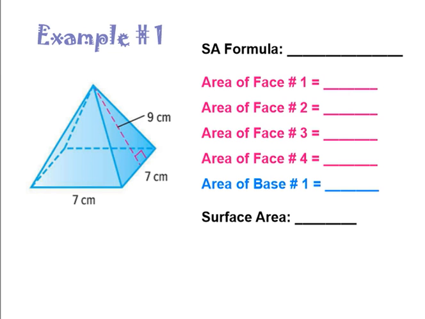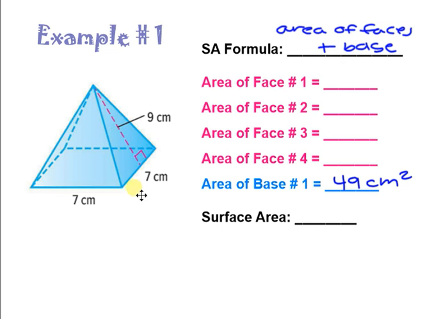So let's take a look at some slightly easier examples to start out with here. So the formula is the area of faces plus the base. And I like to start off with the base. So the base here is a square, and I know that because it's 7 by 7. So 7 times 7, that's going to be 49 centimeters squared. Now I need to work with one of my triangles that make up my pyramid.